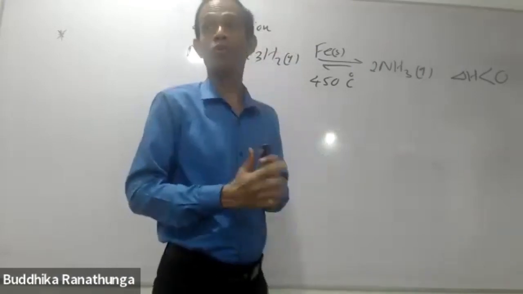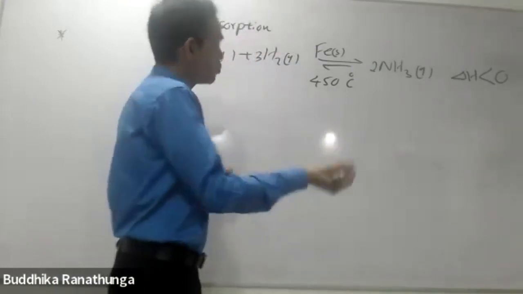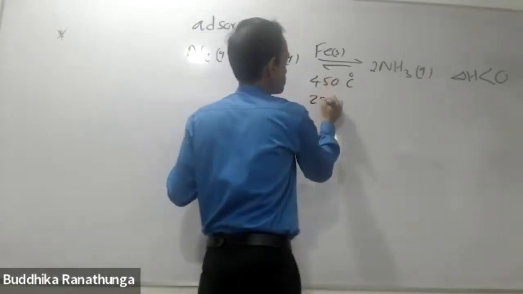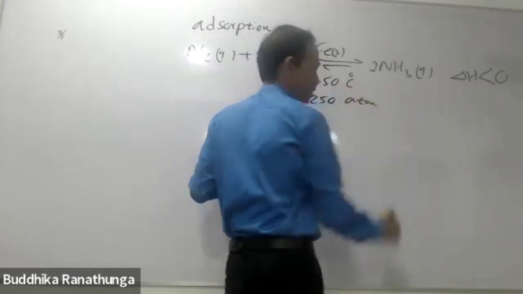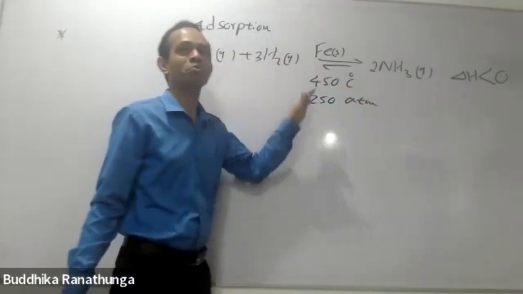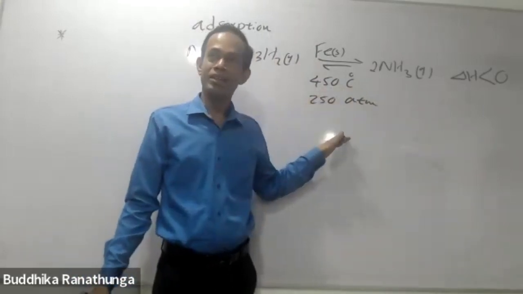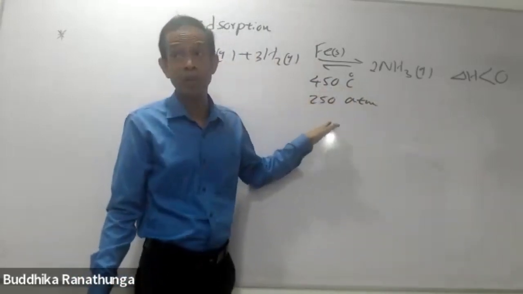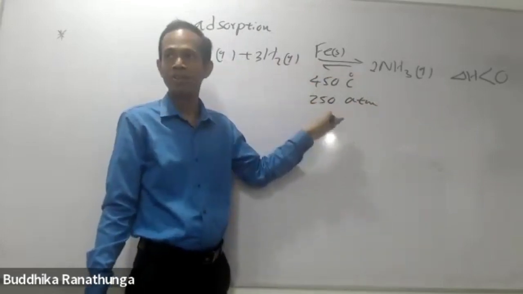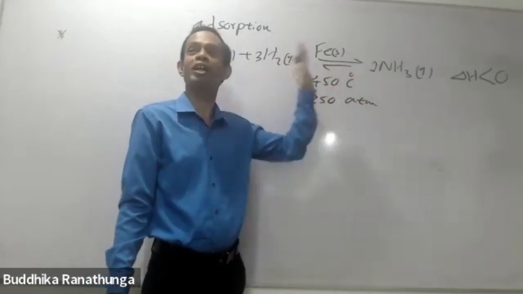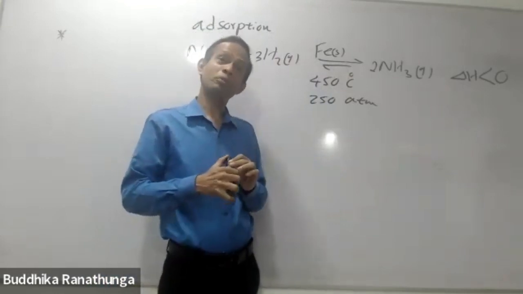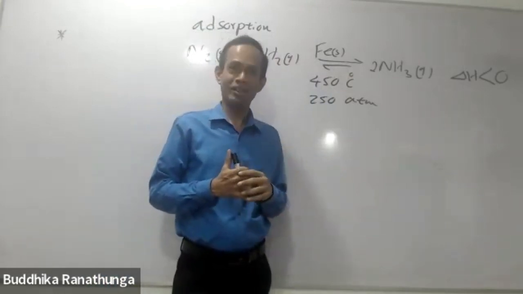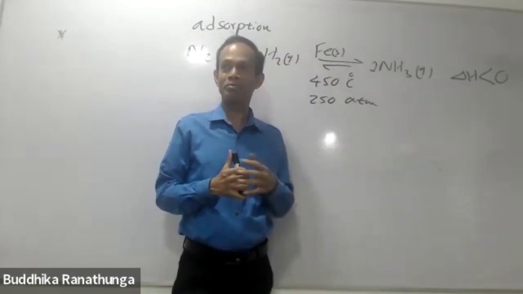Right. Therefore, a moderately high pressure of around 250 atm, 250 times the atmospheric pressure. In industry, we don't consider this as very high pressure. In industry, 250 times the atmospheric pressure, right? So atmospheric pressure is also very high.